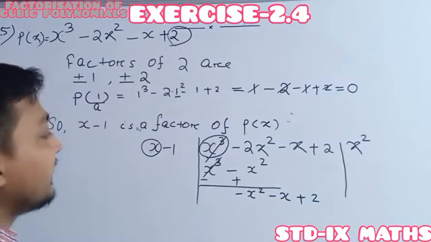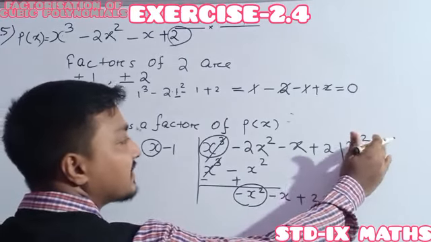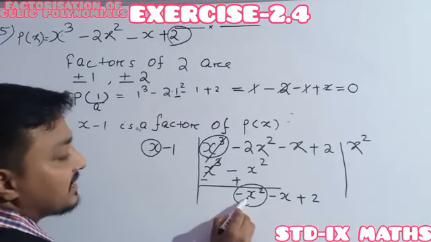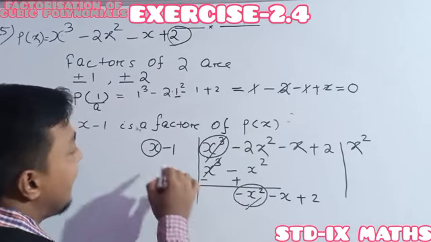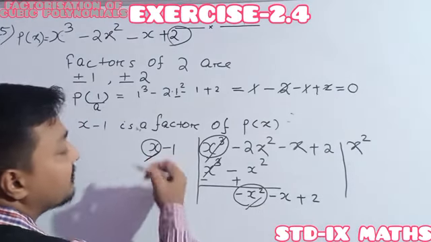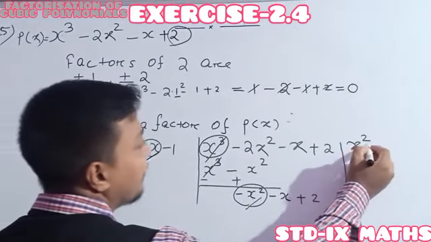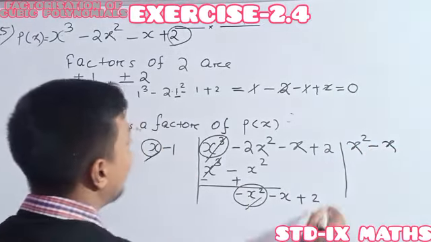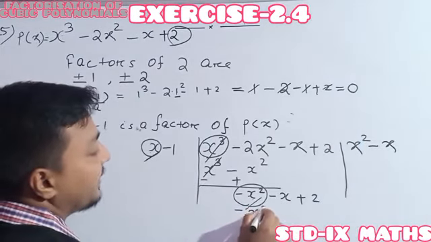Now here it is minus x square. The trick to get the next term of the quotient is to divide the highest term of the dividend in the second phase by the first term of the divisor. Minus x square divided by x is minus x. Minus x into x becomes minus x square.